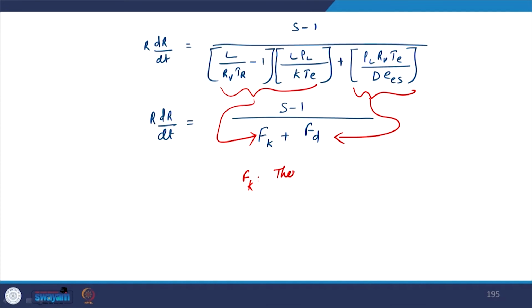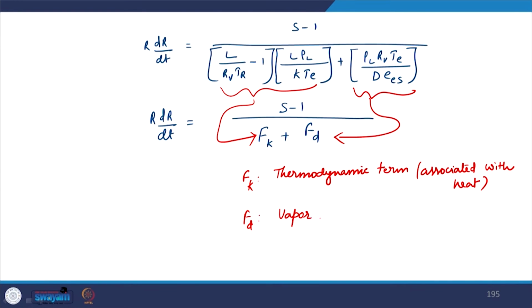Fk is the thermodynamic term associated with heat, of course, and Fd is the vapor diffusion term. So, this term is associated with the diffusion and this term is associated with the thermal term.